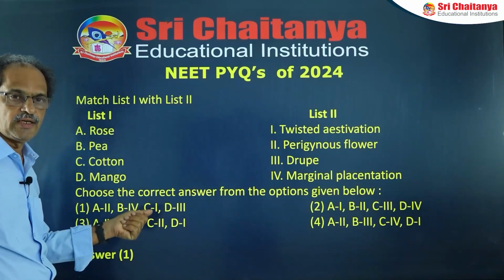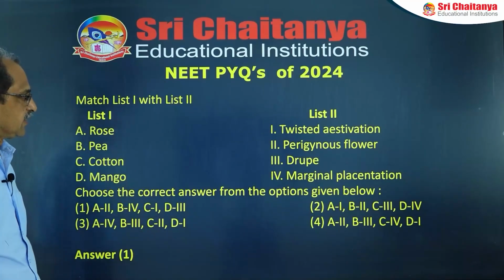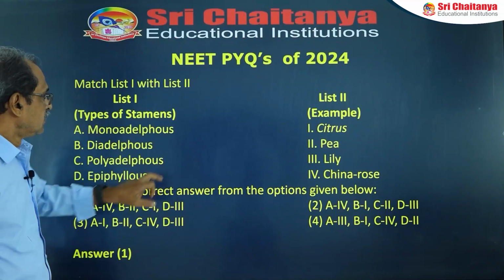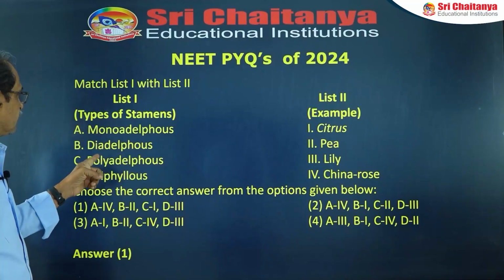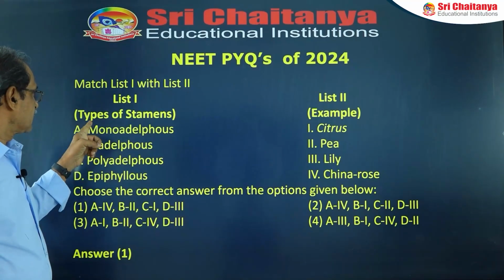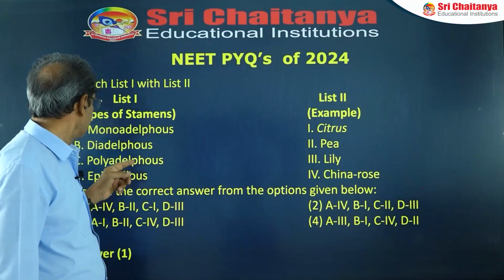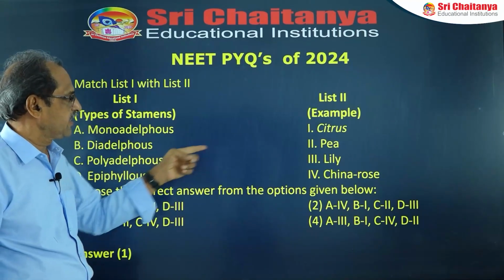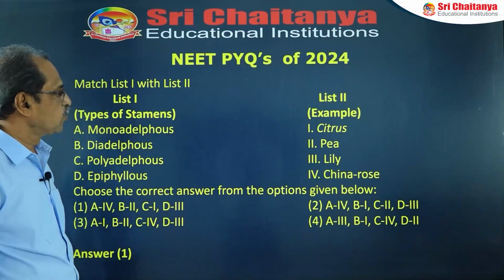Finally they framed the question based on the different characters of morphology. Next is 2024 again, another matching, but here the first list is mainly based on types of stamens, that is monodelphous, diadelphous, polyadelphous, epiphyllous, and he gave the examples here. The answer is 1. That is a 2-column matching question.